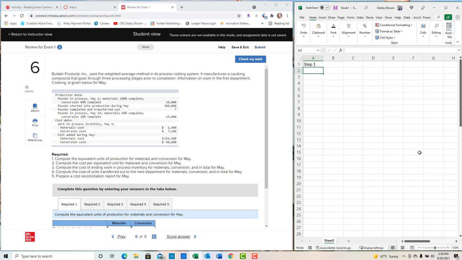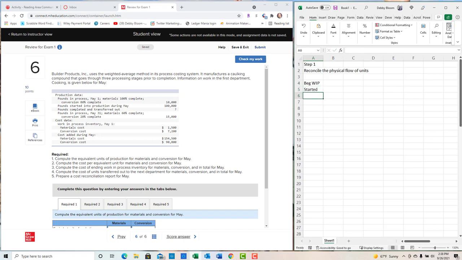To reconcile the physical flow of units, we have units in our beginning work in process, plus units started.